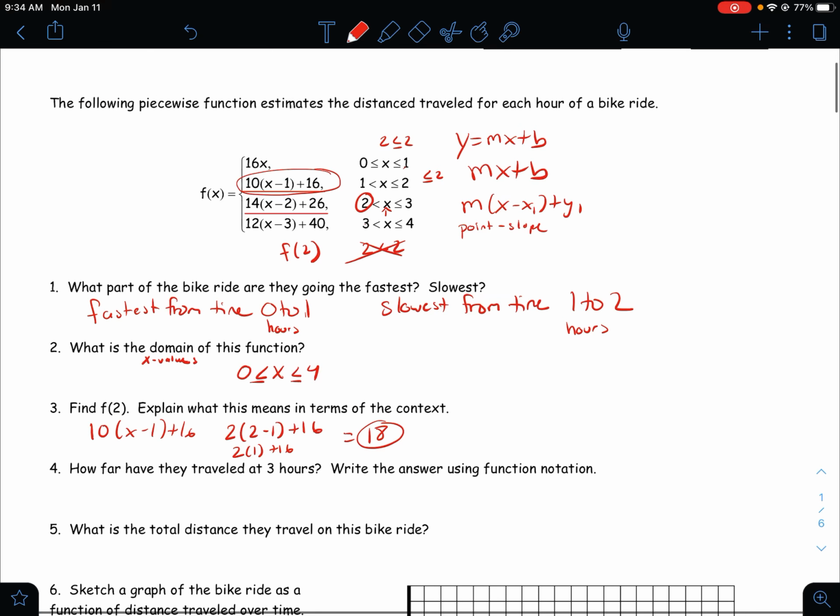All right, and in this case, it says explain what this means in terms of context. Well, the input is your hours, right? So you could say at 2 hours, this person has traveled a distance of, let's see, do they give a unit? I don't know if they give a unit. So we could say miles.